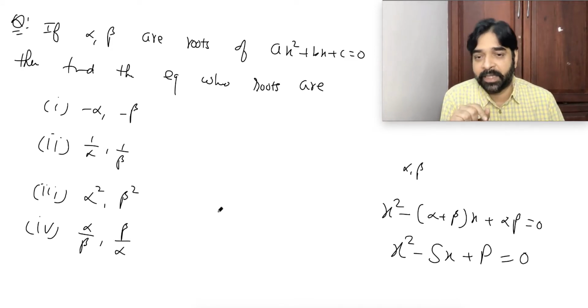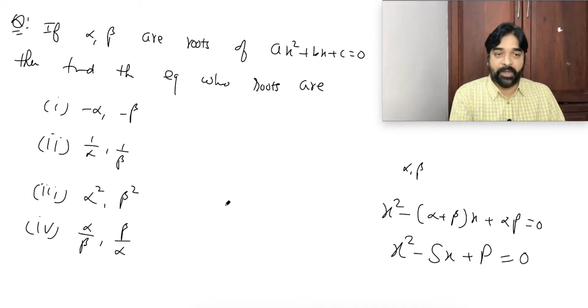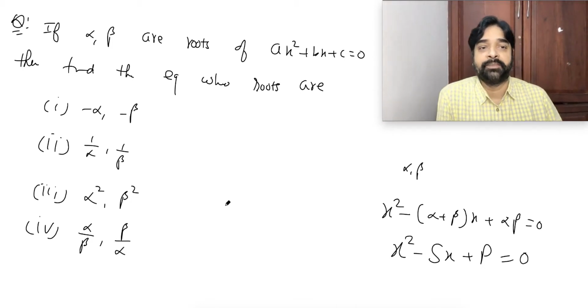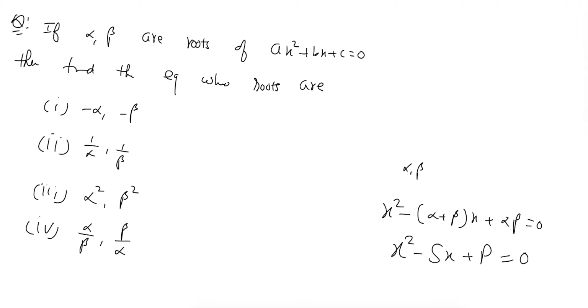On that basis I have given the questions. Although it's a very small, very silly question, we need to practice every type of question. Try everybody. Take 1, 2, 3, 4 minutes and finish it. Not more than 4 minutes.